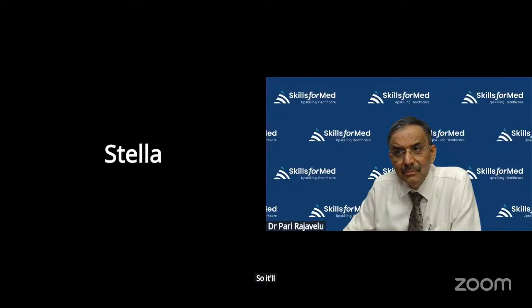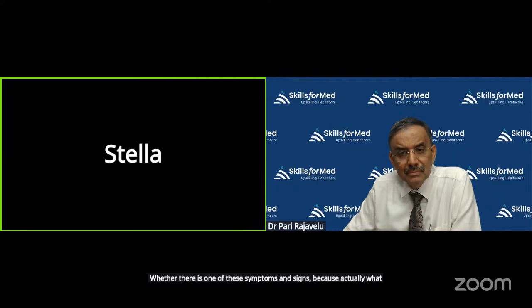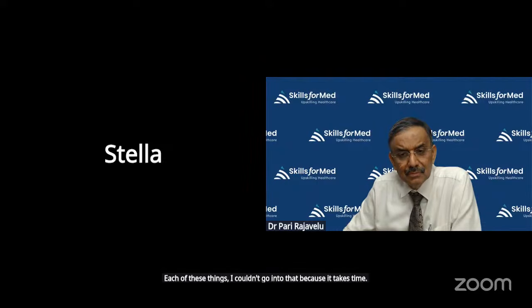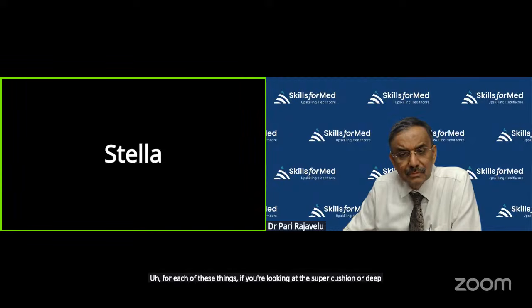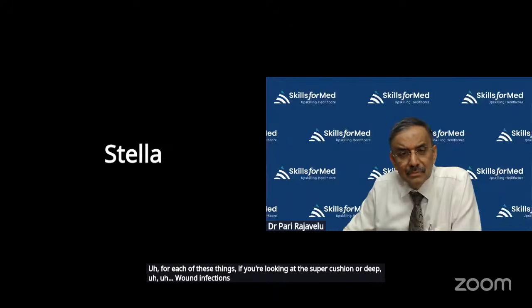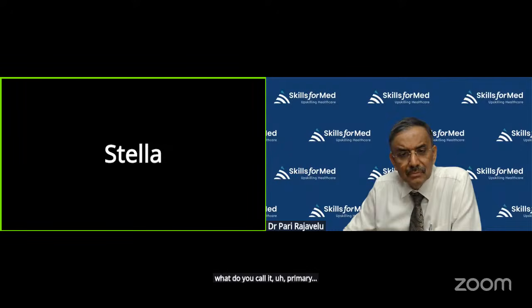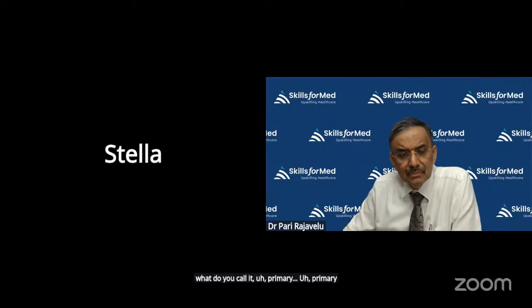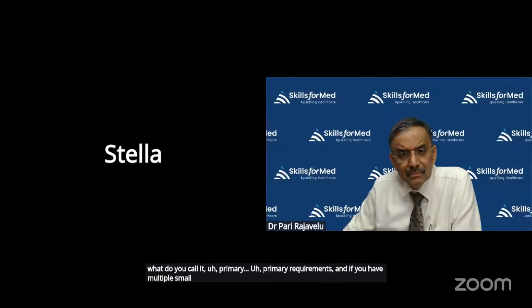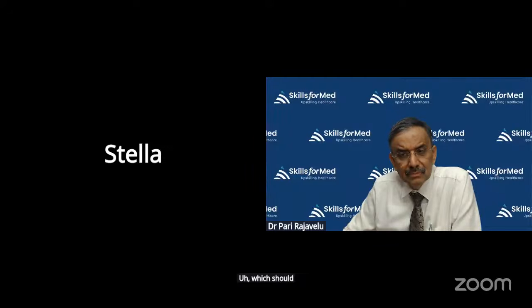So it will depend on where the site is, and whether there is one of these symptoms and signs. Because actually, what they recommend is for each of these things, I couldn't go into that because it takes time. For superficial or deep wound infections, there are 2 or 3 primary requirements and a few small requirements, which should be met before you actually term it a surgical site infection.